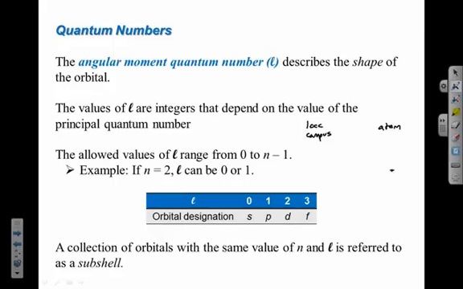The campus has buildings. Within the buildings there are a first floor and a second floor. Within each floor there are rooms. So there are certain levels of information I can get about the student's location, just like in the atom, there are certain levels of information I can get about where the electron is located.